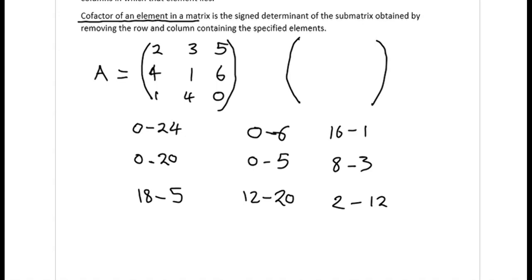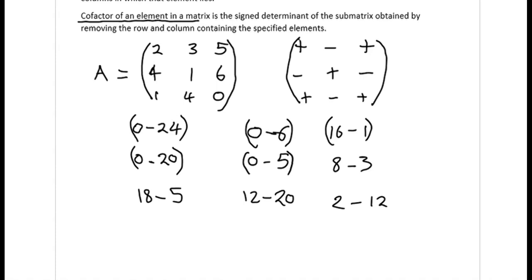It starts with positive, it alternates through positive, negative, positive, negative, positive, negative, continues until the end. So that's the signs which will allocate to each of these elements. So by the time we finish with all this, we've gotten the cofactor of A, of matrix A.